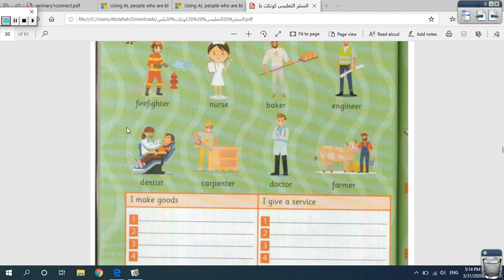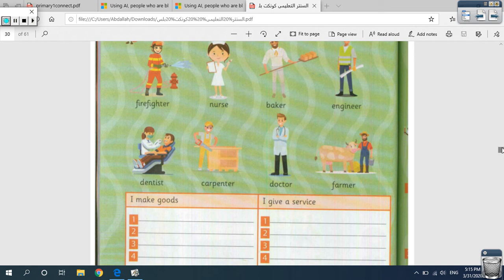So if it's not something that I can use or hold in my hand, he gives me a service. But if it's something that I can use and hold with my hand, he or she gives me goods. Let's look at the jobs here: firefighter, nurse, baker, engineer, dentist, carpenter, doctor, and farmer.